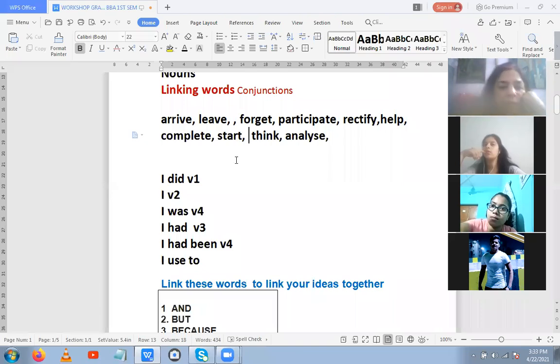Make your sentences and use the linking words: and, too, also, besides, furthermore. And do not forget to use the linking words.